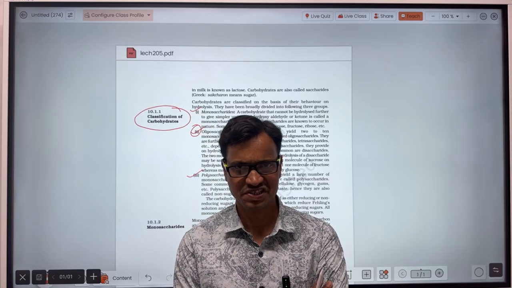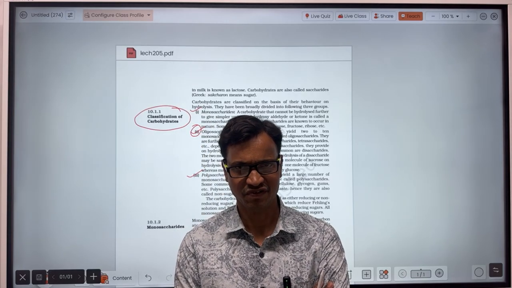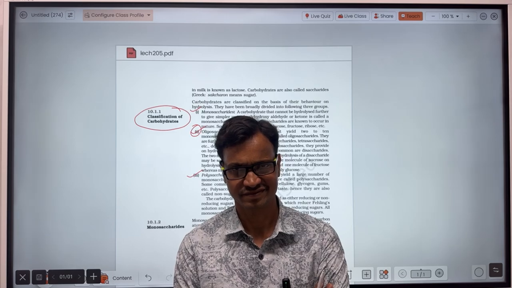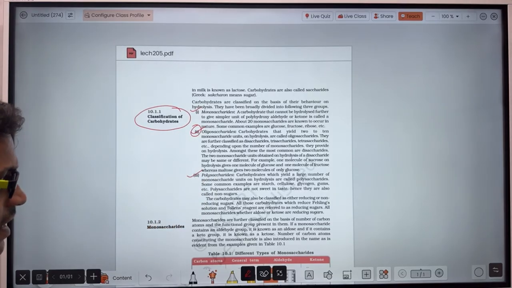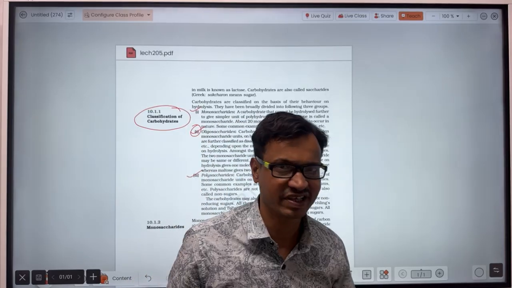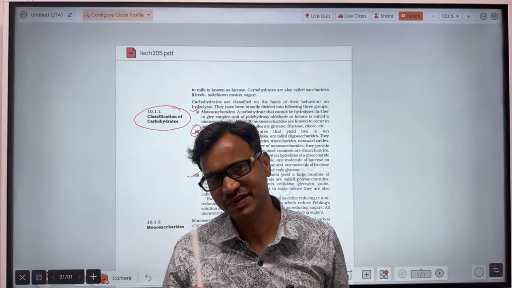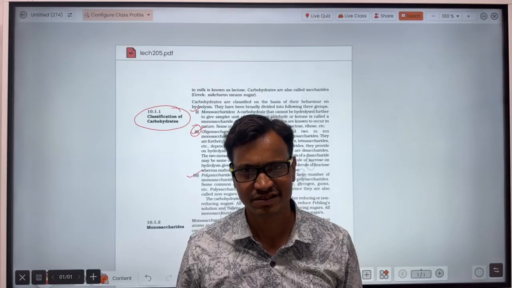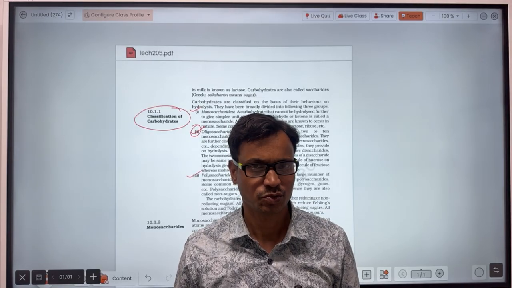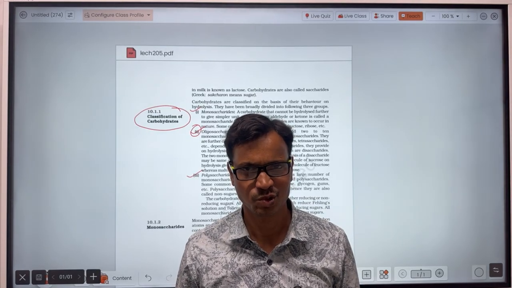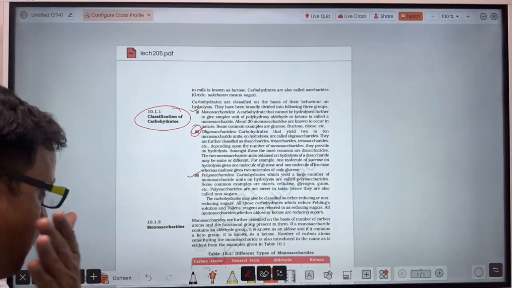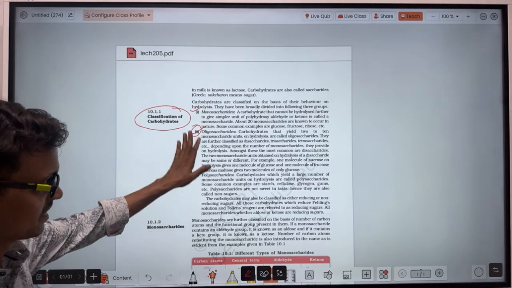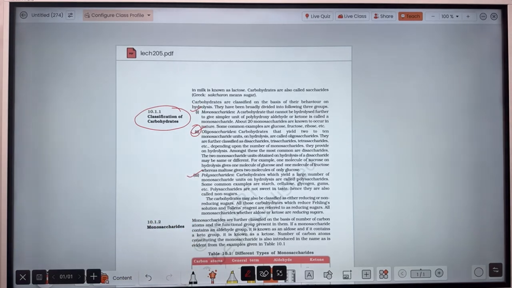In polysaccharide, on hydrolysis, it will give a large number of monosaccharide units. In oligosaccharide, there is also the disaccharide. Disaccharide is also a type of oligosaccharide, which on hydrolysis gives 2 monosaccharide units. About the examples and so on, we will also discuss here.